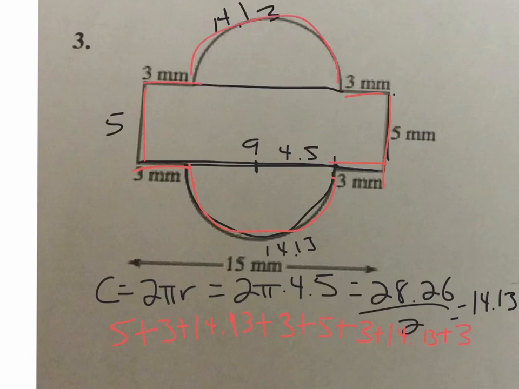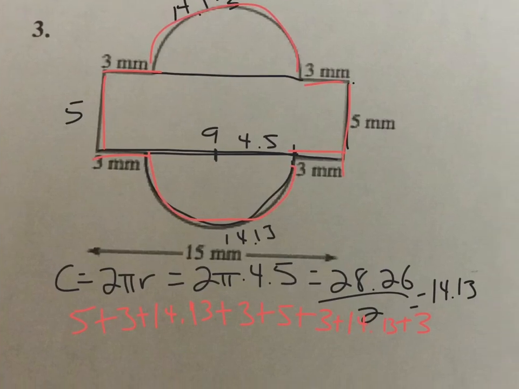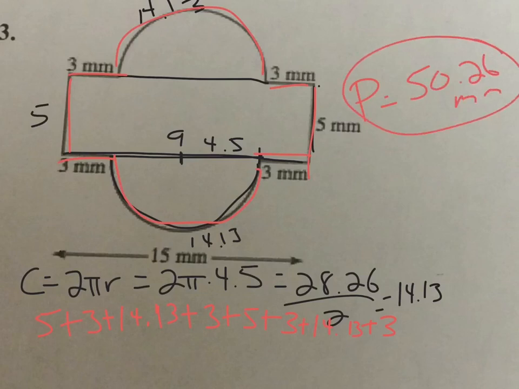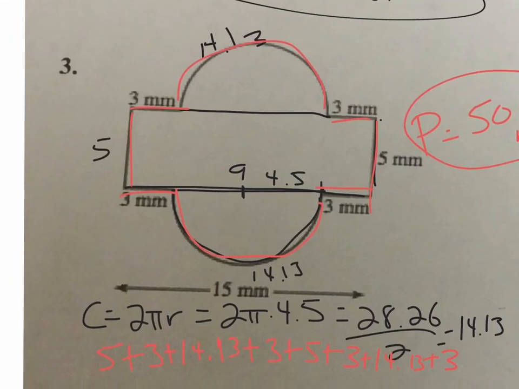Guys, you don't have to do the coloring on the outside, but the thing is it will help you in the long run not to miss a side. So let's go ahead and type that in our calculator. And you should have gotten your perimeter to be 50.26. And we label, so it's millimeters. There's my perimeter.